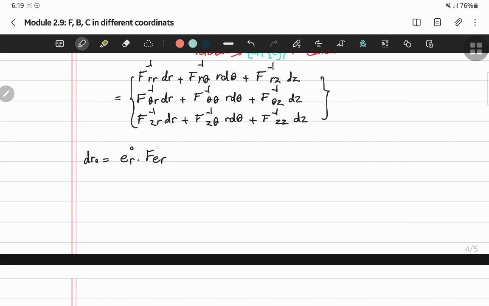This is F inverse ER dr plus, then we have F inverse R theta, so it is ER0 dot F inverse E theta r d theta plus ER0 dot F inverse EZ dz.